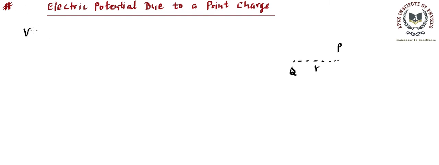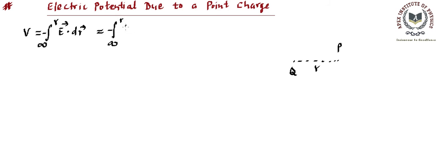Now as per the formula, V is equal to integration from infinity to that location P, which is now indicated by r, E dot dr. We know the definition of E and the definition of dr in case of a point charge. So let's place the formula of field. There was a minus sign, so we need to respect the minus sign as well. It's going to be from infinity to this r location.